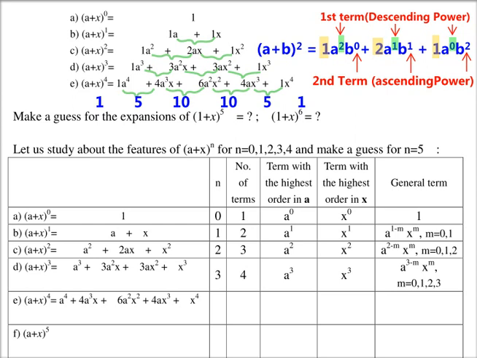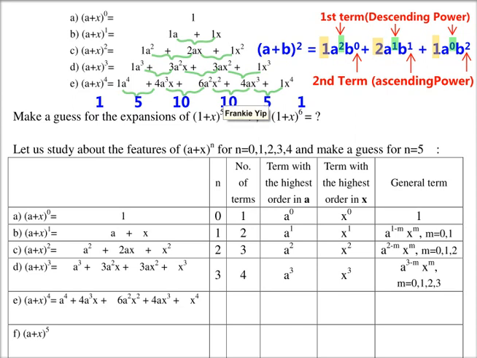In the examination we will not test you beyond the power of 10, so it will not go over 10; 5, 6, 7, 8 are all easy to handle. And for the terms here, remember the first term should be descending power.